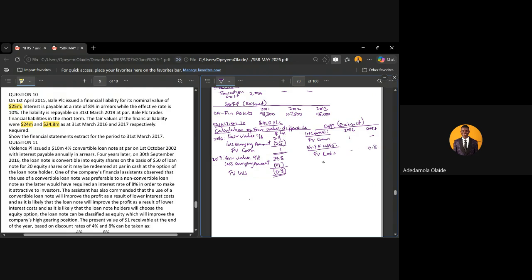In our statement of financial position extract, we'll have what? Because the liability is held for trading, it will be taken as a current liability. Financial liability in 2016 will be what? 24 million. In 2017, it will be 24.8 million. Does it make sense? Yes, sir.